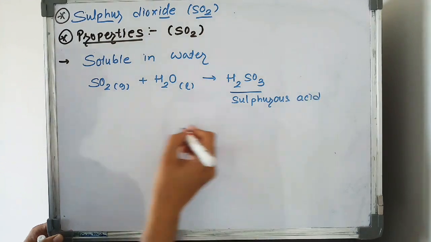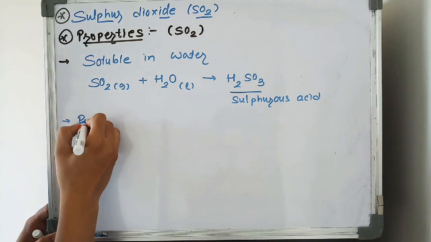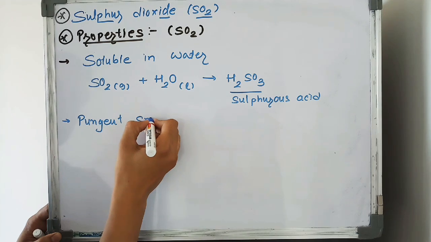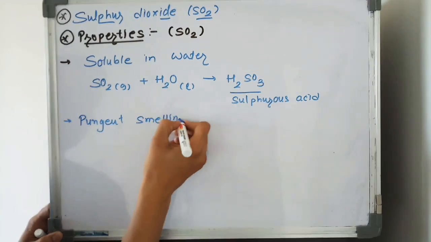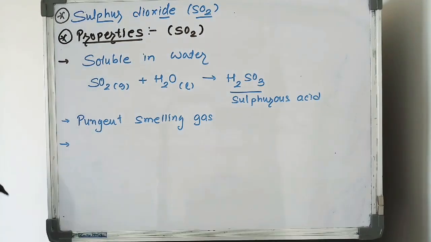Sulfur dioxide is a pungent smelling colorless gas.